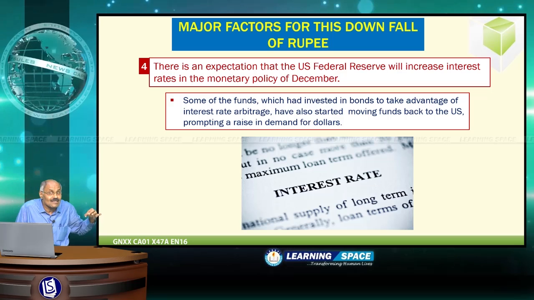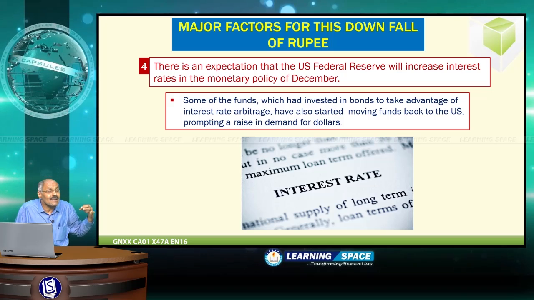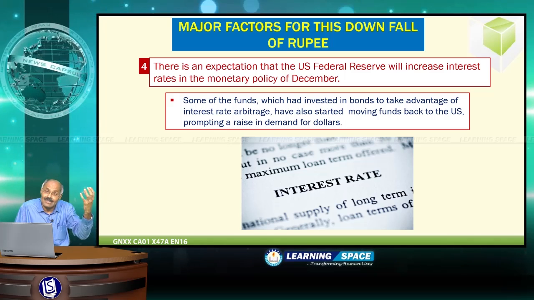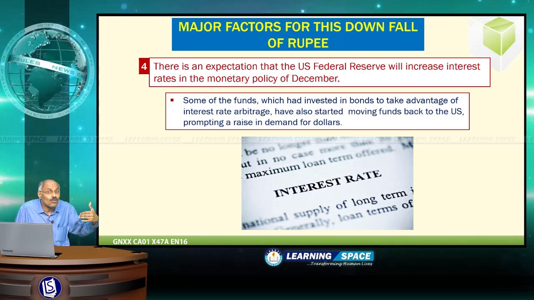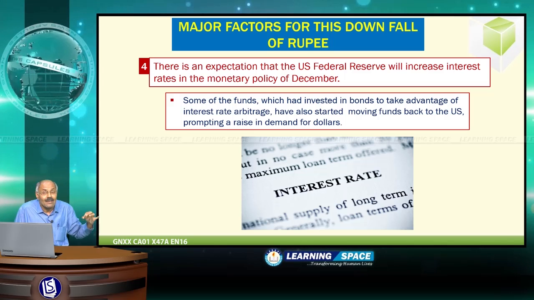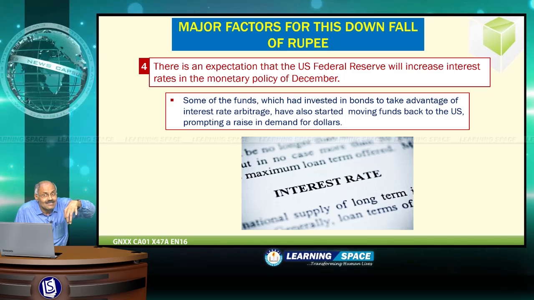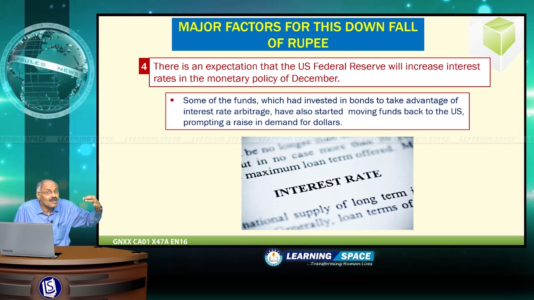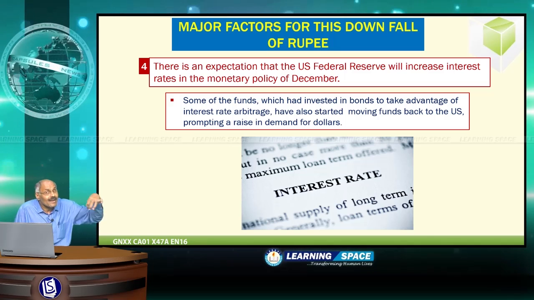When the US Federal Reserve increases the interest rates, then the interest rate differential or interest rate arbitrage between USA and India will come down, and that is the reason why foreign portfolio investors are withdrawing money from Indian stock market with the expectation that US Federal Reserve will increase interest rates. And please don't forget, US Federal Reserve is the central bank of United States of America, just like what Reserve Bank of India is for India.